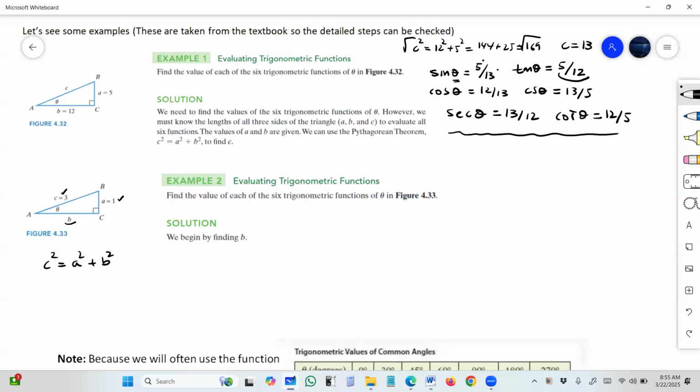But now you have C. So 3 squared equals 1 squared plus B squared. So 3 squared is 9, obviously 1 squared is 1, plus B squared. So subtract 1 from both sides, and I have this. So take the square root of both sides again, and I have B being the square root of 8.